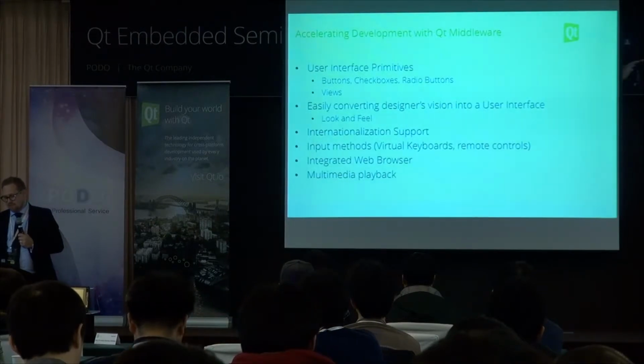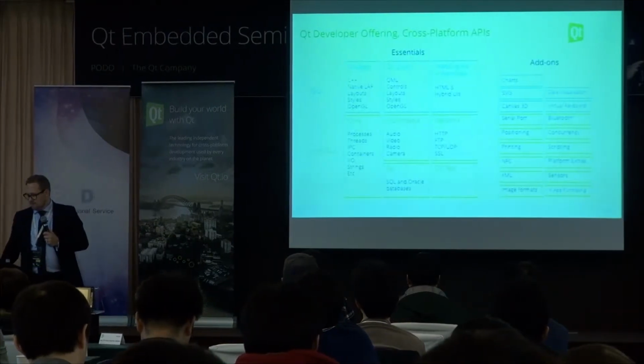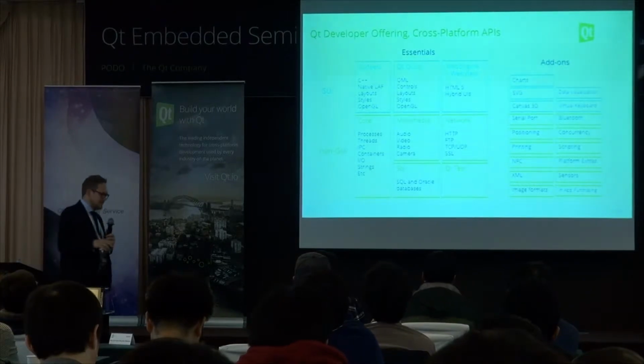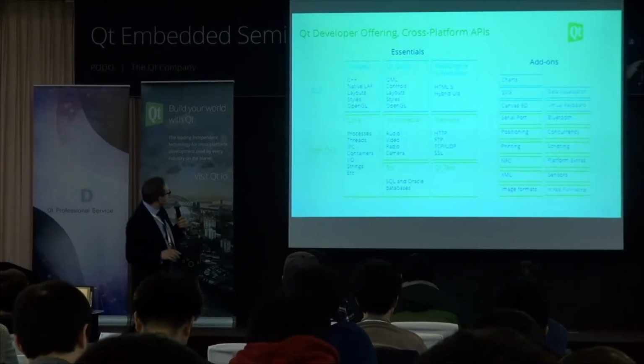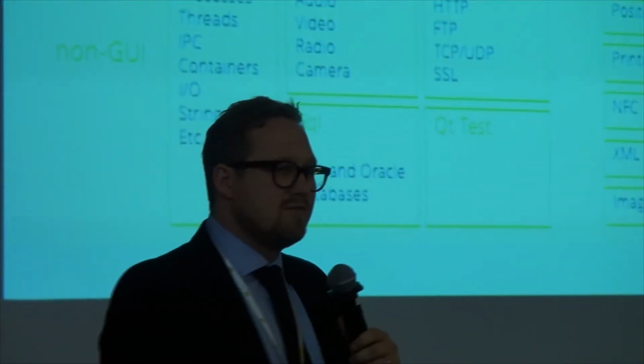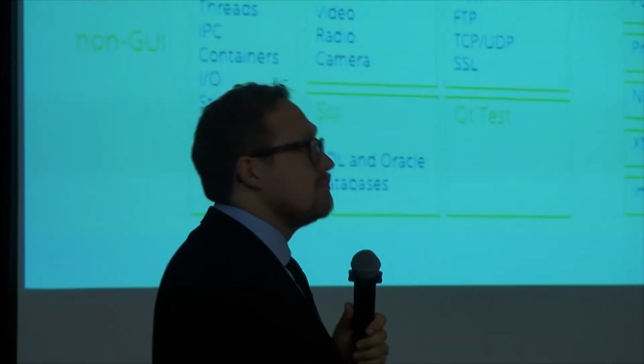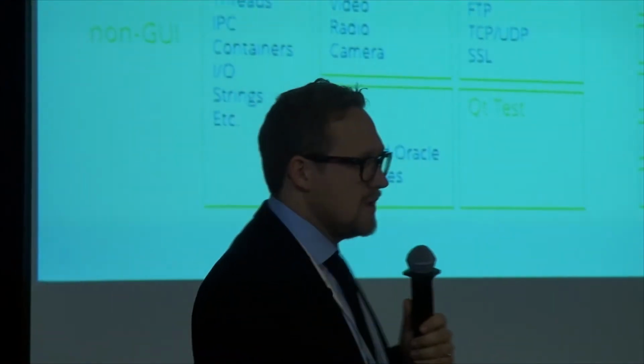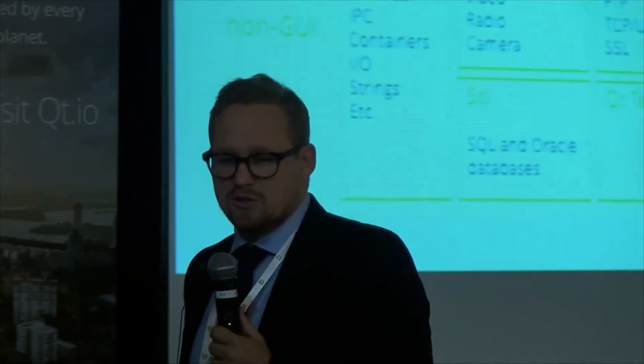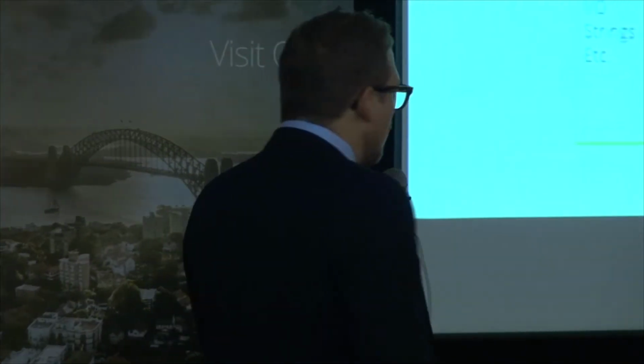So there we have a lot of features already. To sum that up a little bit, this is probably not so easy to read from the back. The projector is not so sharp. We will distribute the slides afterwards, so hopefully you get a more comprehensive view of this. But this is an overview of all of the features that we provide to solve these tasks with Qt.